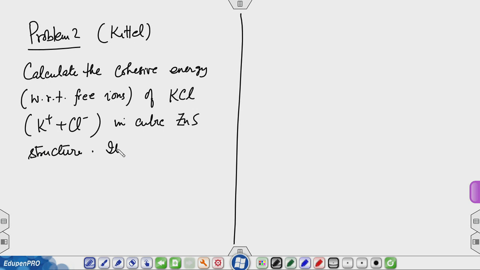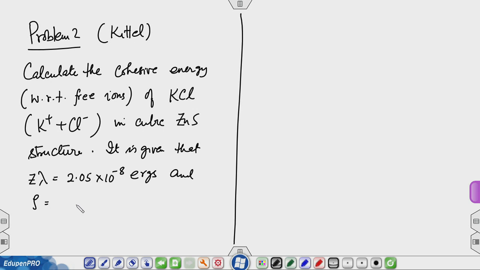It is given that, and again this is taken from some experimentation, z lambda is equal to 2.05 times 10 raised to minus 8 ergs, and rho equals this many ergs, because this is z. So, we are talking about a particular structure where the nearest neighbors are known.